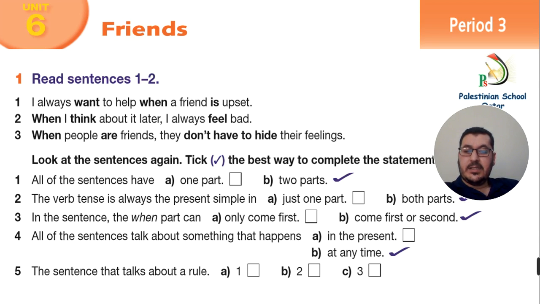Which sentence? 1, 2, or 3? Which sentence of these talks about a rule? Yes, it is number 3. When people are friends, we are talking about in general. When people are friends, they don't have to hide their feelings.